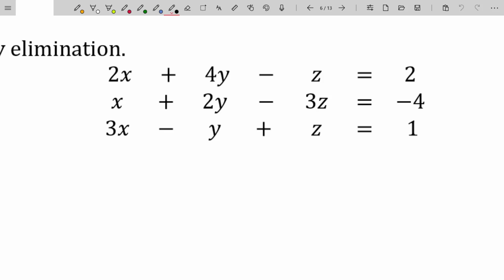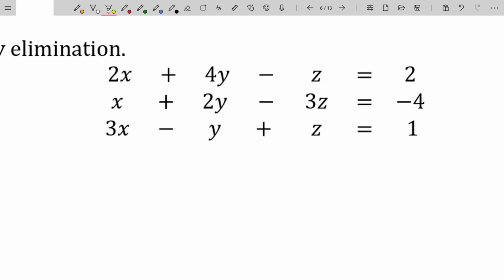In each equation, you move all variable terms to the left-hand side and all constant terms to the right-hand side, or vice versa. It doesn't actually matter, as long as all variable terms are on one side and all non-variable terms are on the other. Align the variables in their appropriate columns, like we do here.